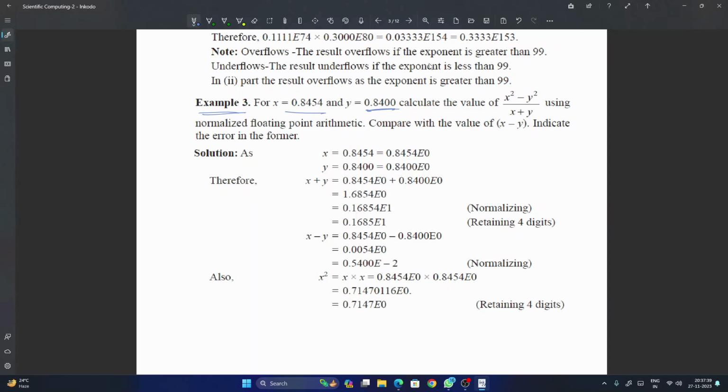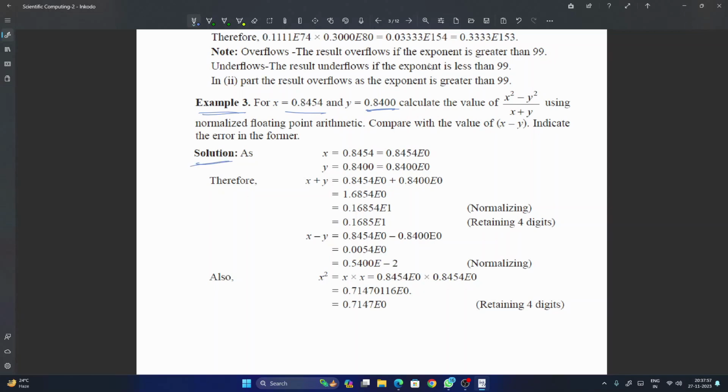You may get different values, or you may not. In this type of small format system, with 4 digit mantissa, errors occur, but in particular problems the error may not occur.